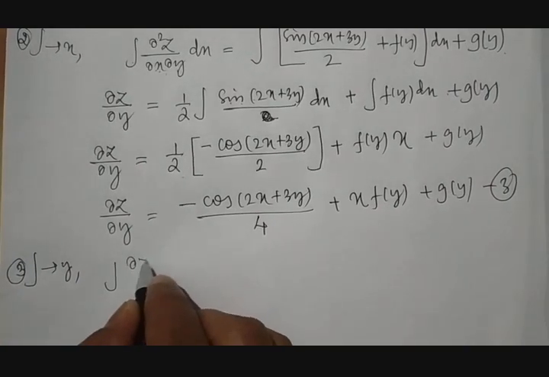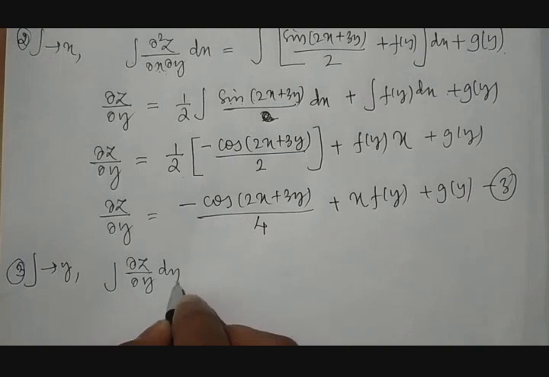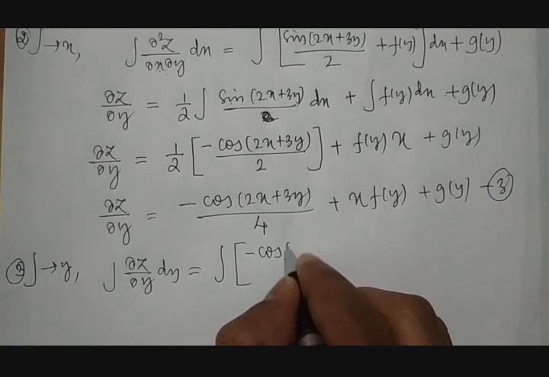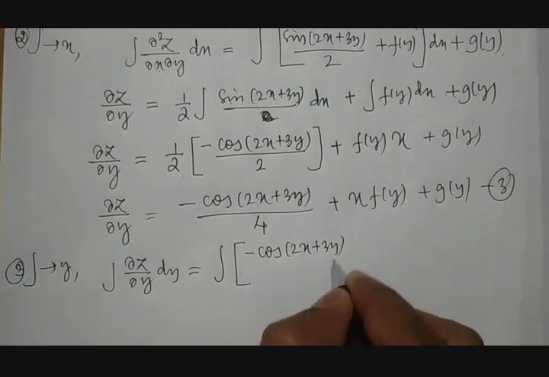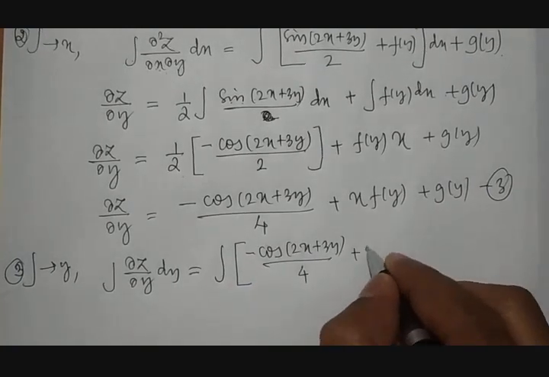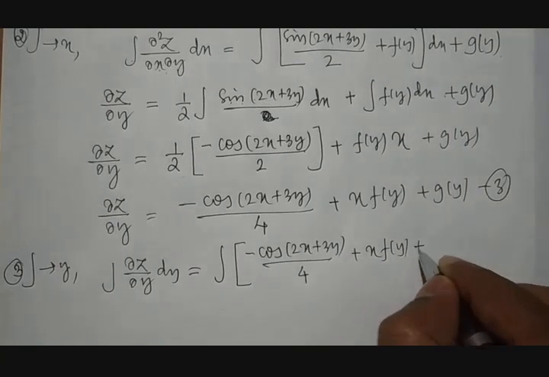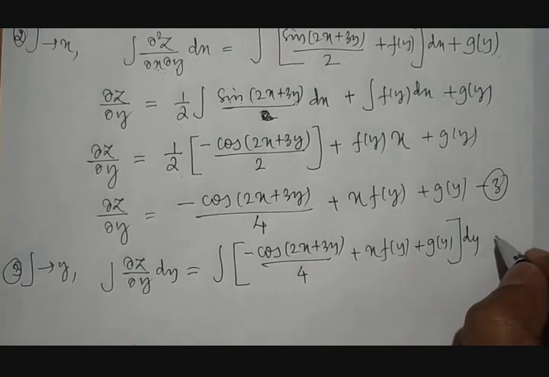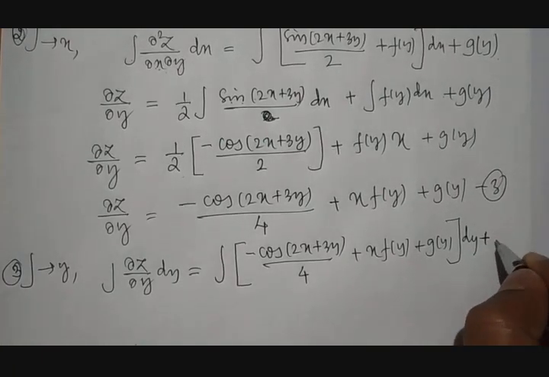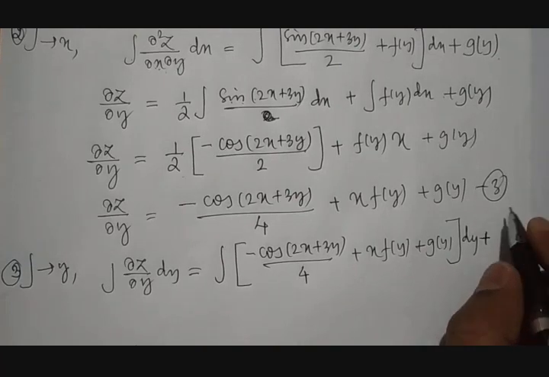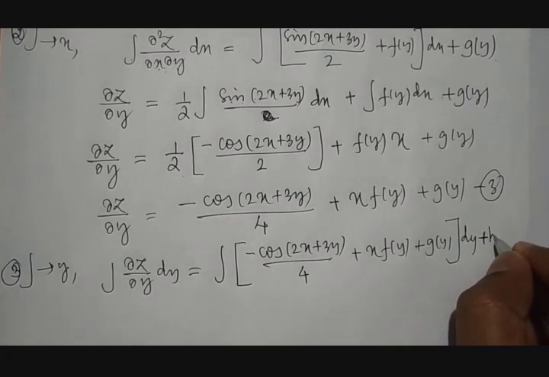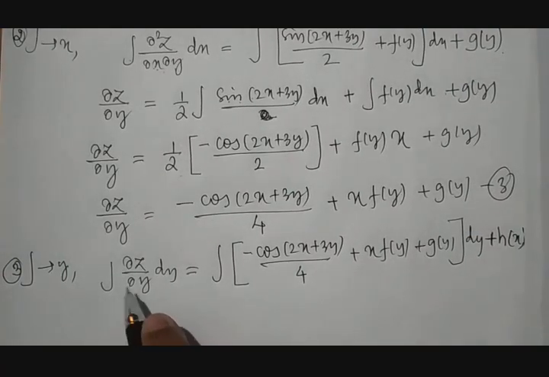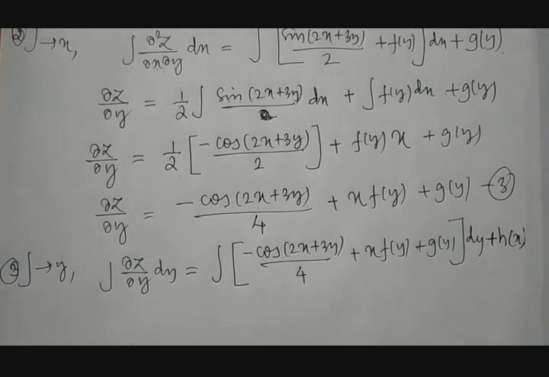Then we get integration of ∂z/∂y with respect to y, which is equal to, now integration of minus cos(2x + 3y) divided by 4 plus x into f of y plus g of y, everything to be integrated with respect to y, plus constant to be written as arbitrary function. Then what? We will take h now, h of x, because we are going to integrate it with respect to y, so the x term will be a constant.